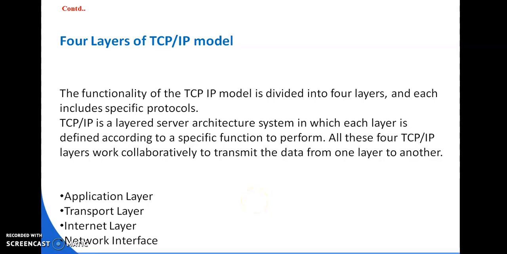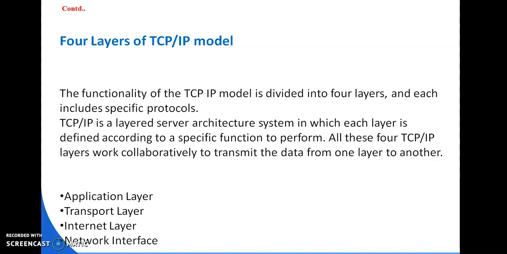Welcome back. In the last class, we discussed the three layers of the TCP/IP model: application layer, transport layer, and internet layer. Today I'm going to discuss the network interface layer. In the network interface layer of the four-layer TCP/IP model, this layer is also called the network access layer.